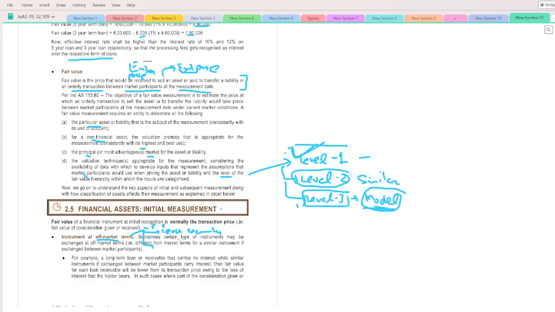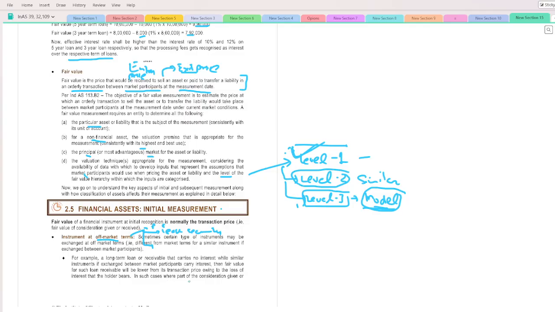Sometimes certain types of instrument may be exchanged at off the market terms, that is different from the market terms for a similar instrument if exchanged between market participants. For example, a long-term loan or receivable that carries no interest, while a similar instrument exchanged between market participants carries interest. Then the fair value for such a loan receivable will be lower than its transaction price owing to the loss of the interest that the holder bears.